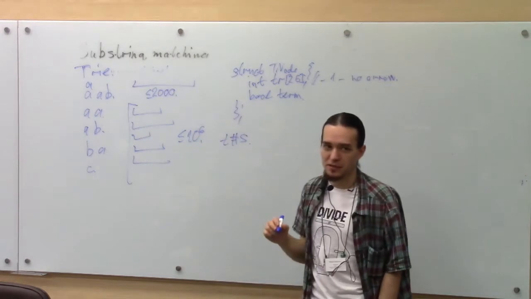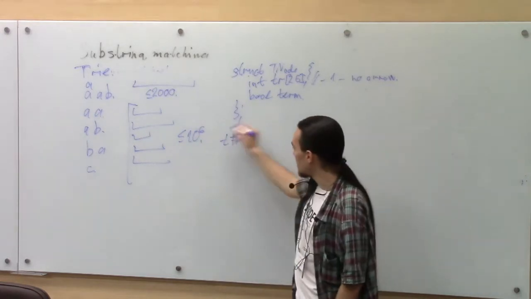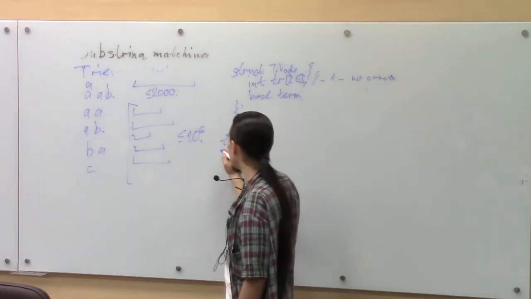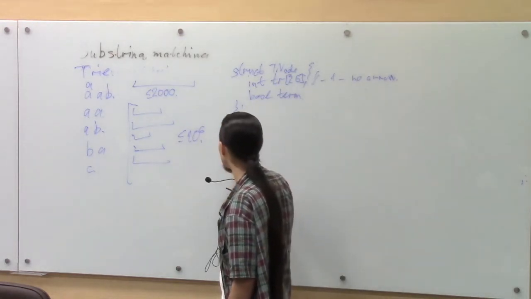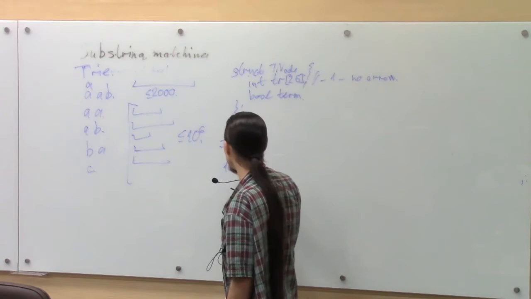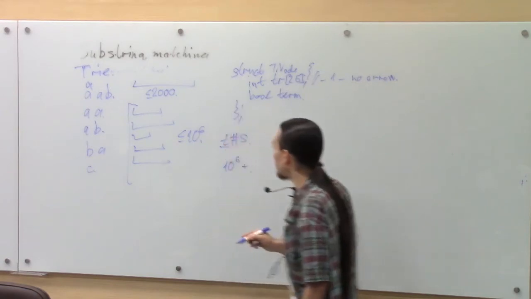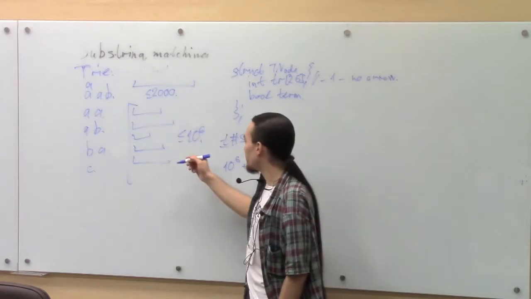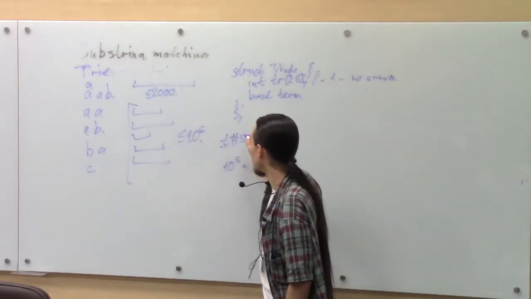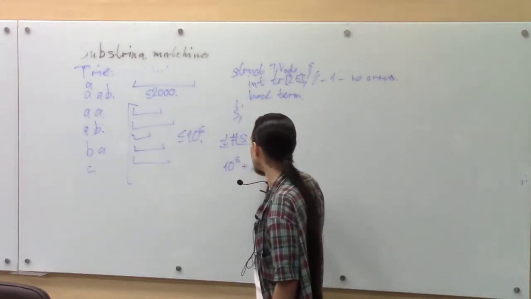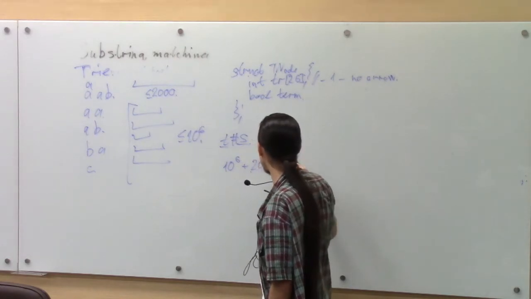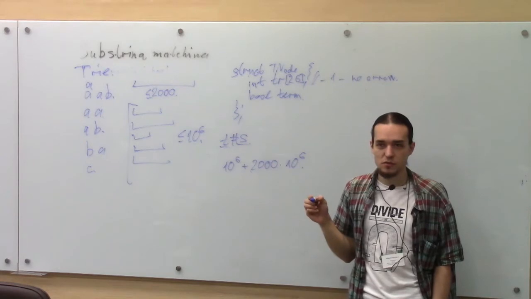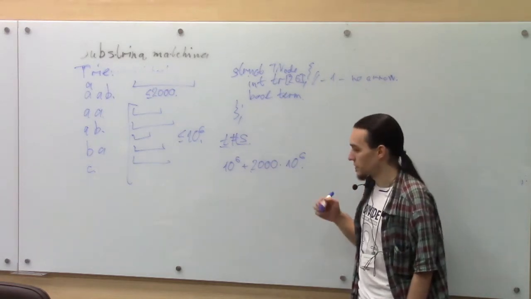So the total complexity would be the total size of all these strings. The sum of the templates would be 10 to the 6th, that's okay. But if all the strings are short, it could happen that the total would be 2000 times 1 million. And that's a bit too large for us.